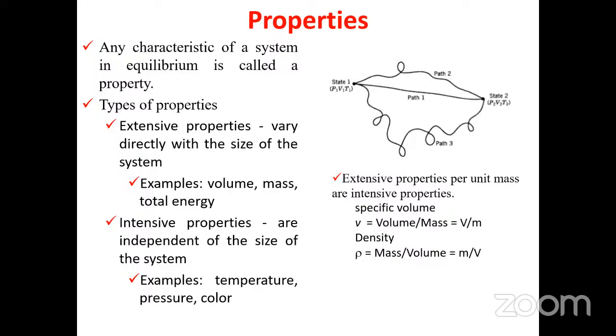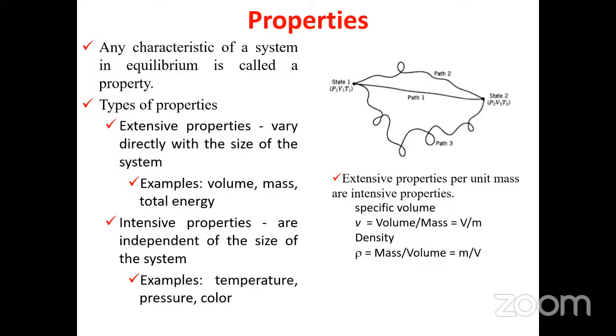So temperature doesn't depend on size. Pressure also doesn't depend on size. Color doesn't depend on size. A big thing can have a light color. A small article can have an intense color.